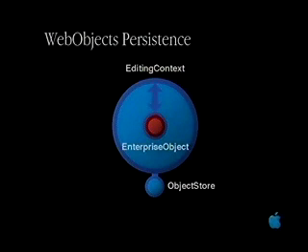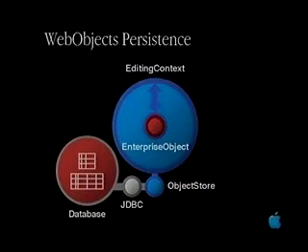The fundamental assumption of an enterprise object is that it does have data, and believe it or not, that data will persist. So the whole architecture of WebObjects is designed from the ground up to support this notion. So the editing context communicates with the object store. The object store communicates with JDBC, and JDBC communicates with the database.